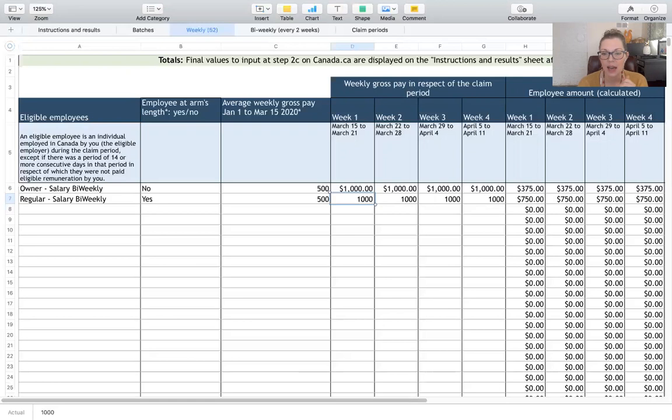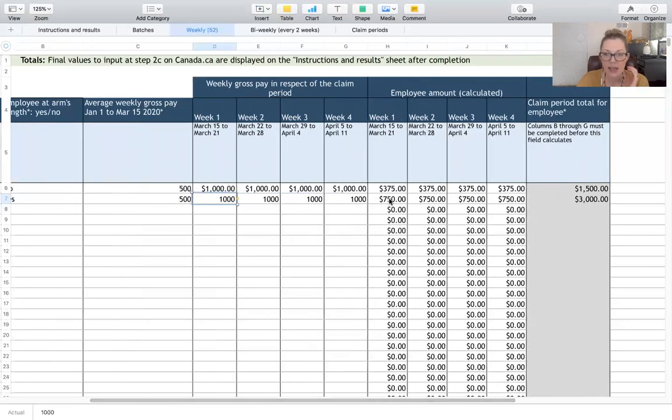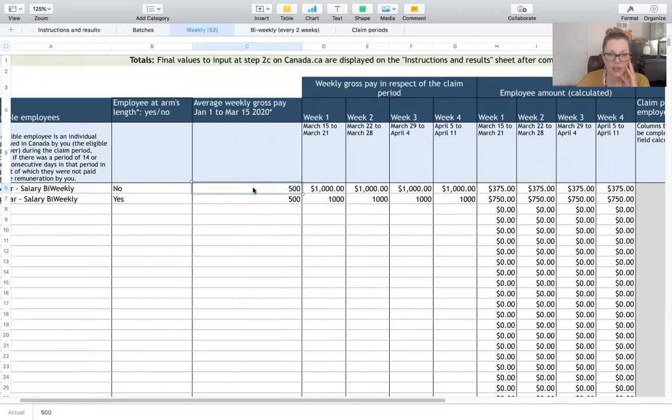So if I was having someone do deliveries for my company, and now I want to increase their salary because they're out there doing deliveries and I feel like they should get paid a little bit more to be a frontline worker, then I can increase their salary now and I'll get a higher amount of wage subsidy. But if I try and increase my own salary, then I don't get more because it's based on what my pre-crisis wages were, and that's what this yes or no is for the arm's length. So it's really important that you understand arm's length and that you use that correctly.